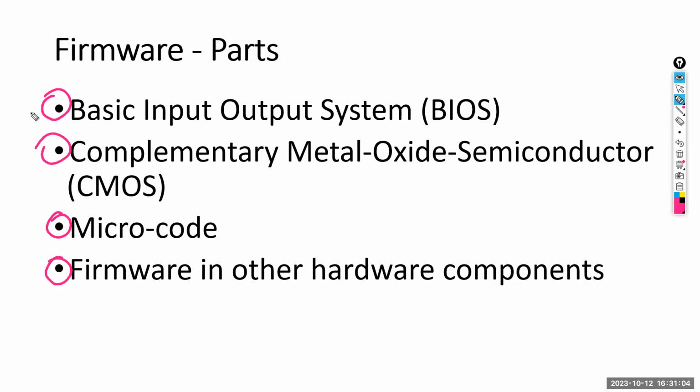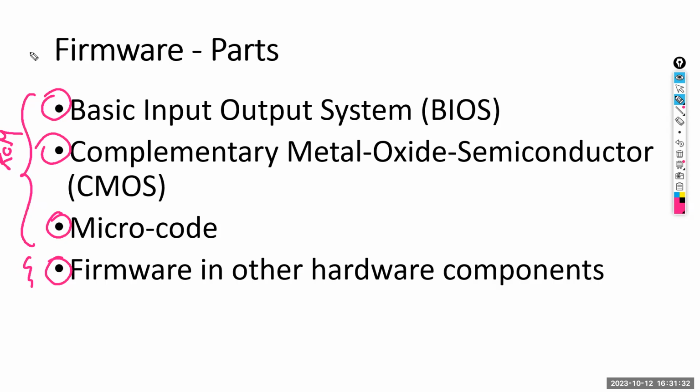This is basically the system firmware, the main firmware in ROM. But there is some firmware in different devices. For example, there can be firmware in your network card, and even in your monitor. But we are talking about the main firmware, which is more related to the processing.